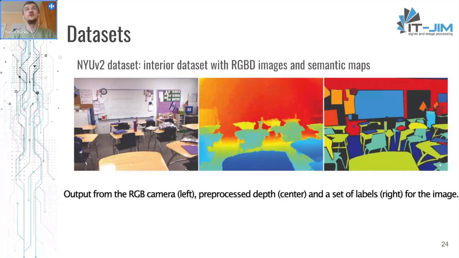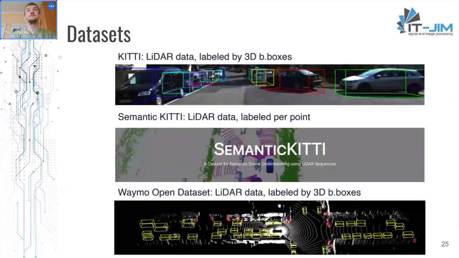Regarding outdoor images, most of the datasets are connected to autonomous driving, and therefore these datasets are taken on roads. And there are multiple of them, and probably the most popular family of datasets for autonomous driving is KITTI.